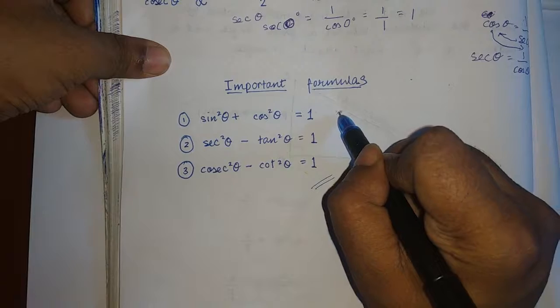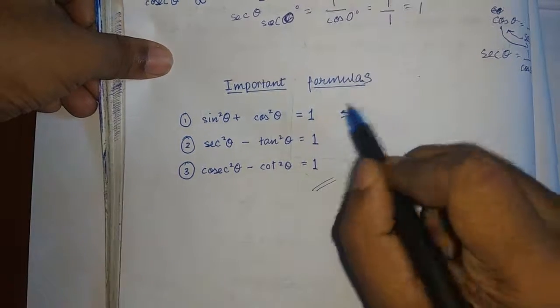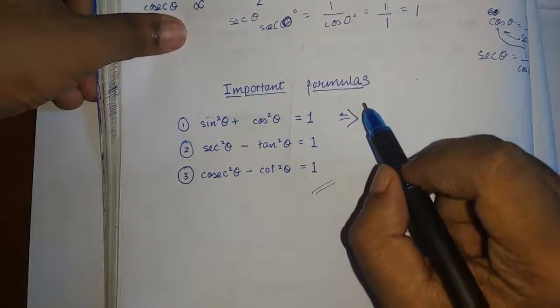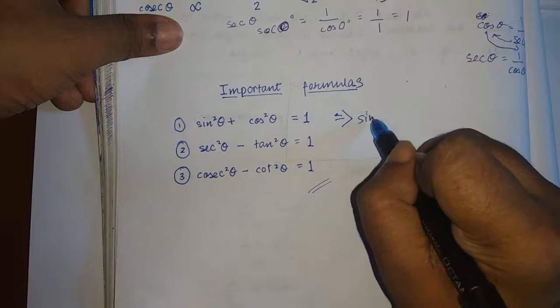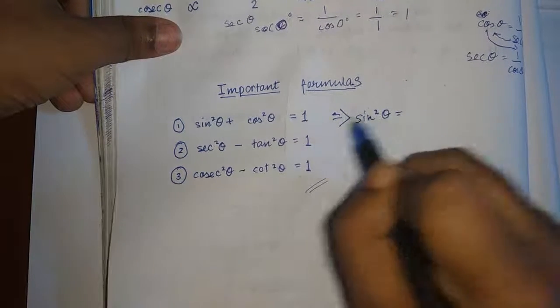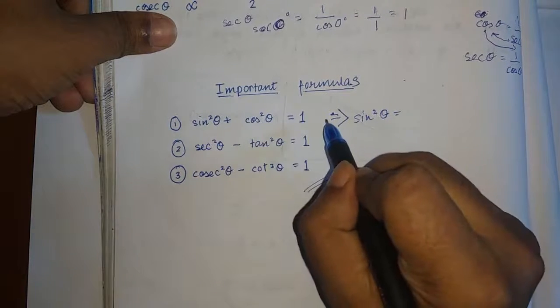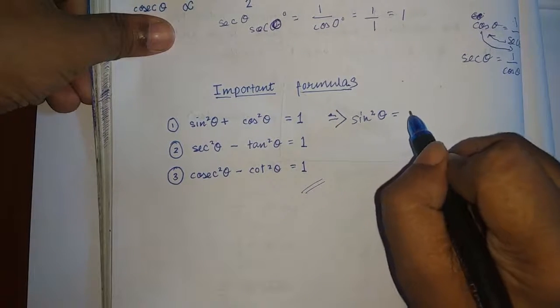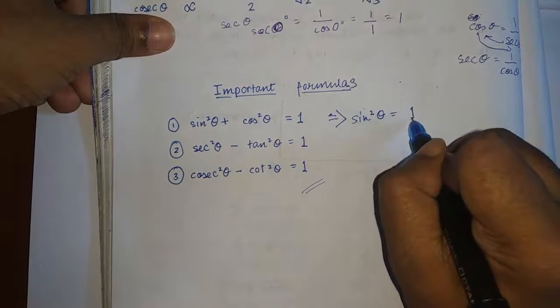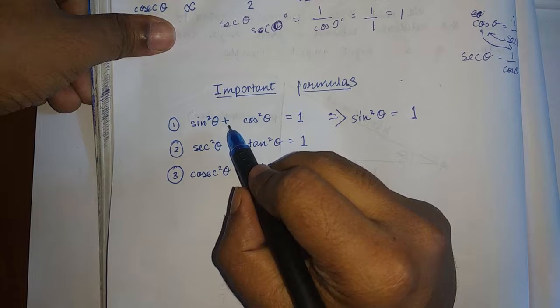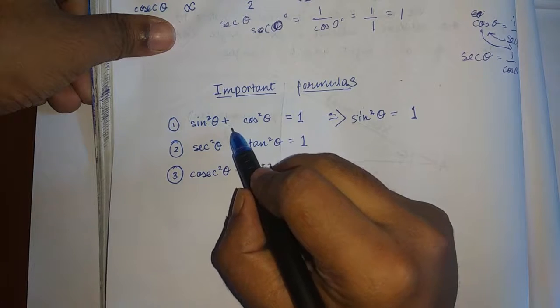And we can derive the value of sin square theta by transferring the cos square theta to the left hand side. So 1. What is the sign of cos square theta here? It's plus.